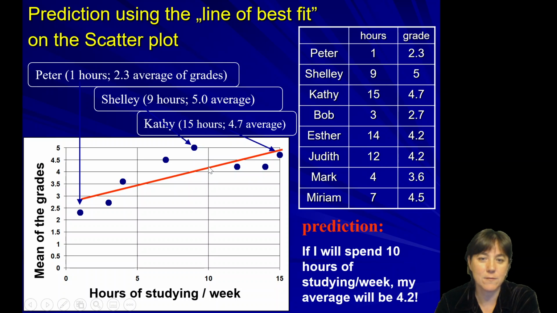Yeah, that's good. Okay, so this kind of prediction is what our line of best fit is good for. This exact point is on the line. We see that the other points are not on the line, but when we're making predictions, we're talking about the line.